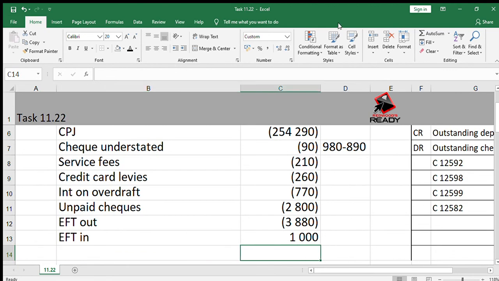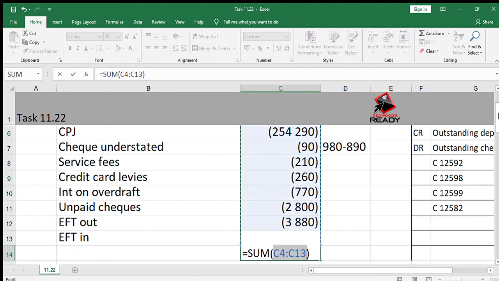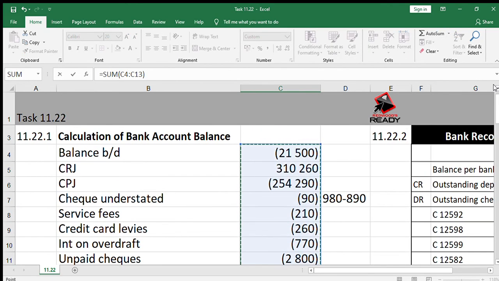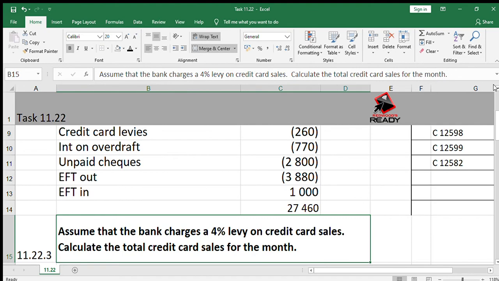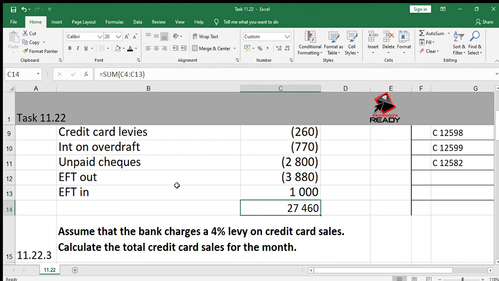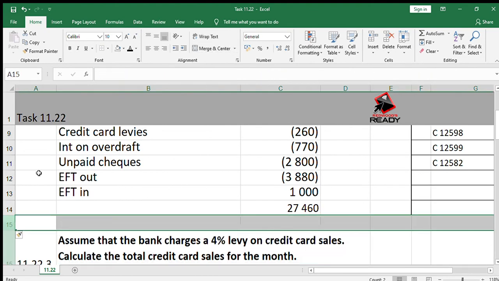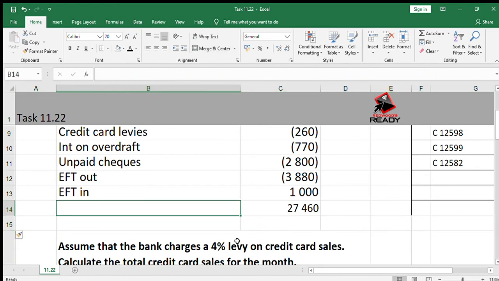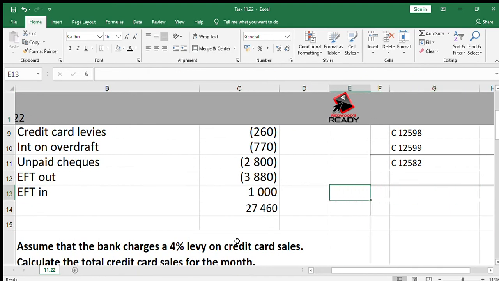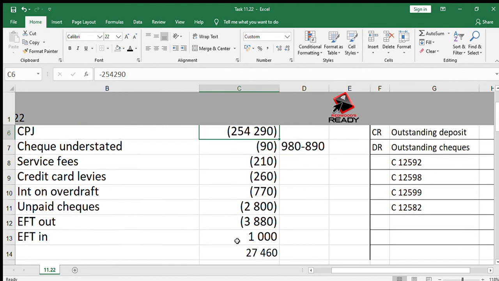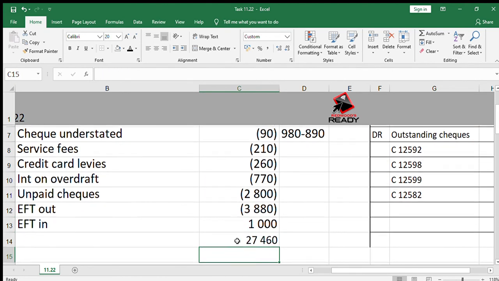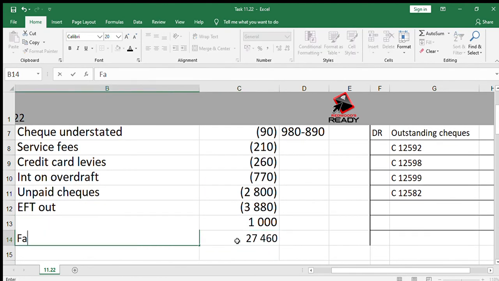So now we're going to calculate the total here for our bank account. I get an answer of 27,460. If you notice, my answer is positive, which means it's a favorable balance.